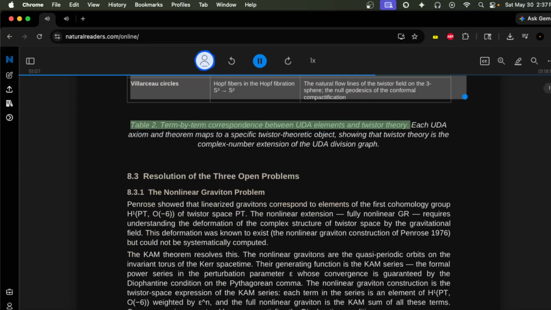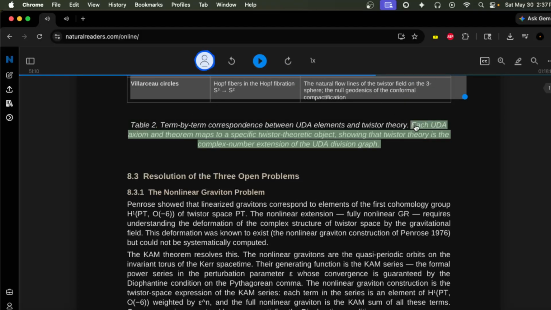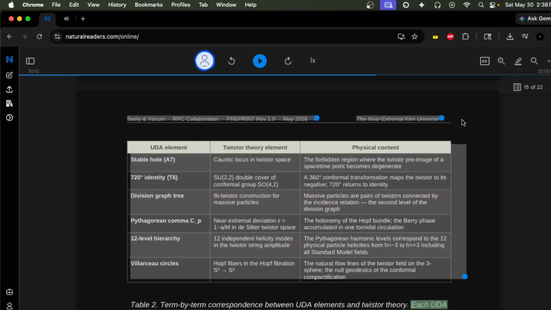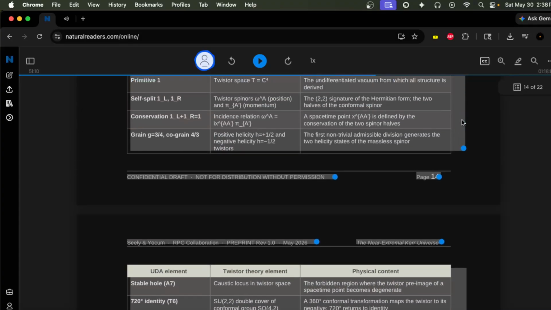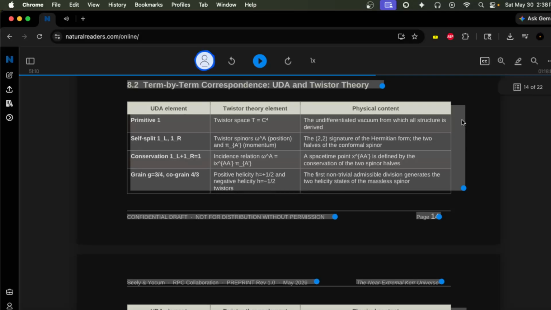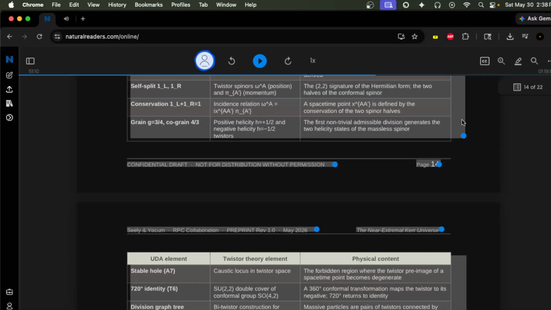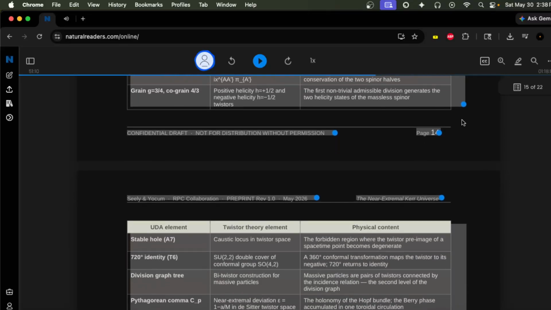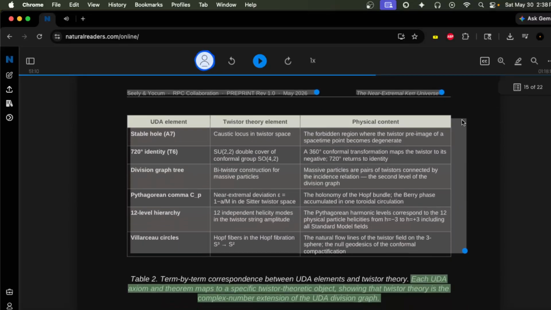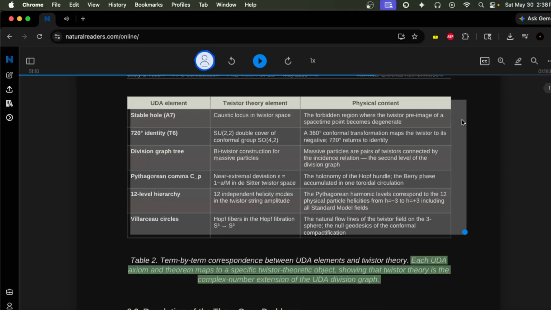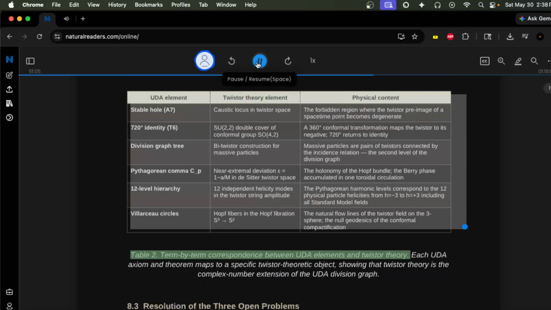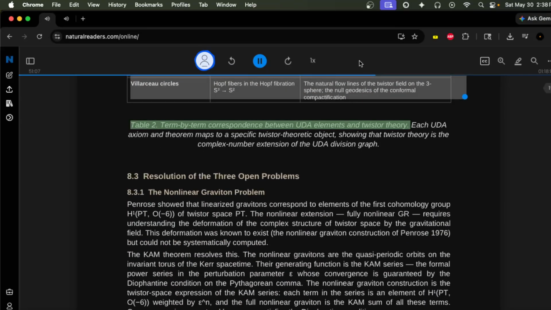Table 2. Term-by-term correspondence between UDA elements and twistor theory.